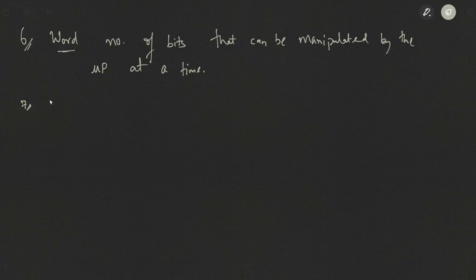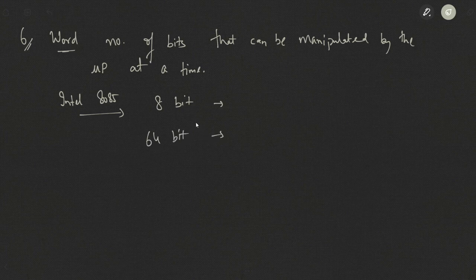Say for example, if we are talking about Intel 8085, it's called an 8-bit microprocessor. That means it can actually process 8 bits of information at the same time. Nowadays, if you are using i5, i7, we refer to these microprocessors as 64-bit microprocessors.